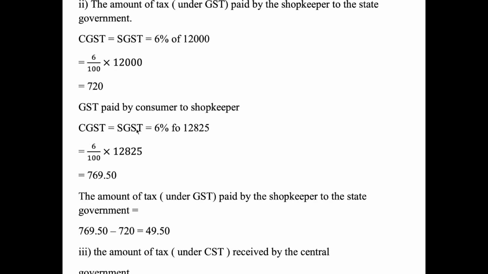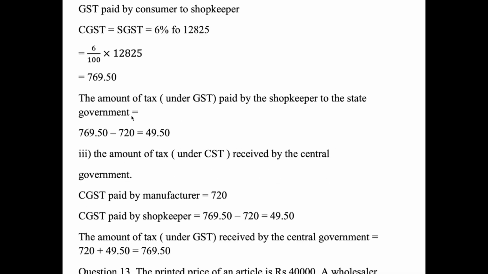So GST paid by the consumer to the shopkeeper, CGST is equal to SGST is equal to 6% of 12,825, that comes to 769.50. The amount of tax under GST paid by the shopkeeper to the state government is equal to 769.50 minus 720, that comes to 49.50.